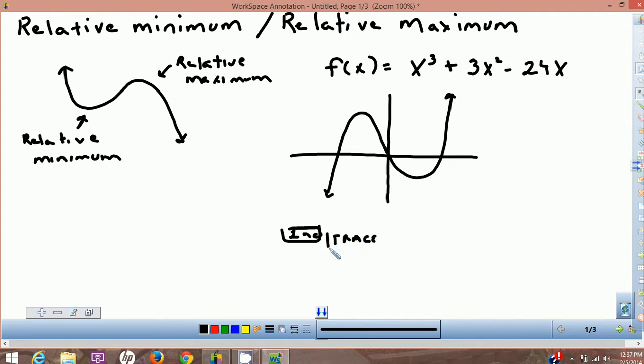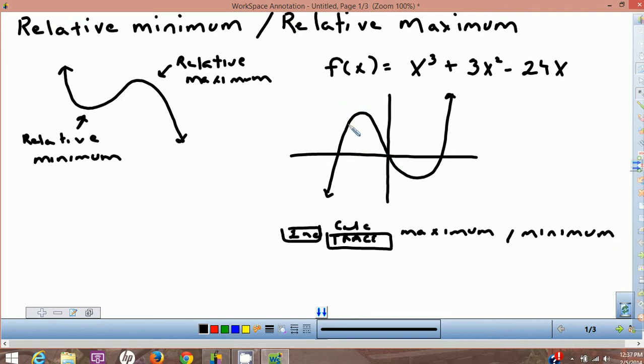And remember that above the trace key it says calc. And then choose maximum if I want a relative maximum value, and choose minimum if I want a relative minimum value. Now, remember, it's going to ask you when you do that, left bound and right bound.